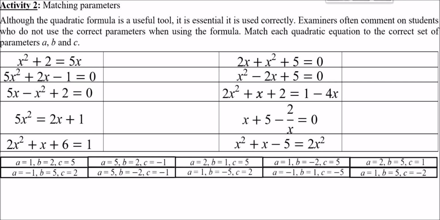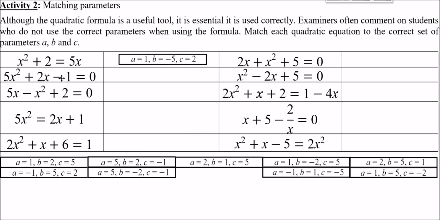Okay, well, we're going to match them up now. This first one here, if we rearrange it, would be x squared minus 5x plus 2 equals 0. And so a would be 1, b would be minus 5, and c would be 2. So this one matches to this one at the bottom.